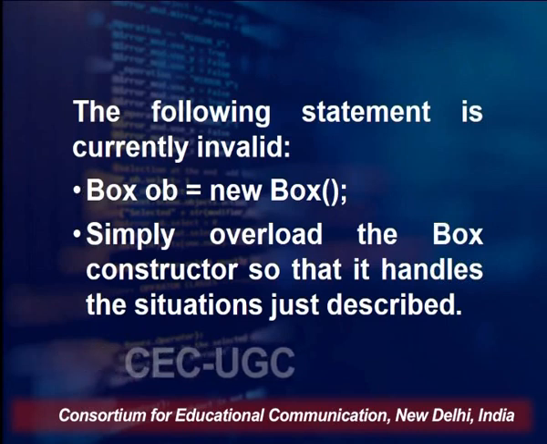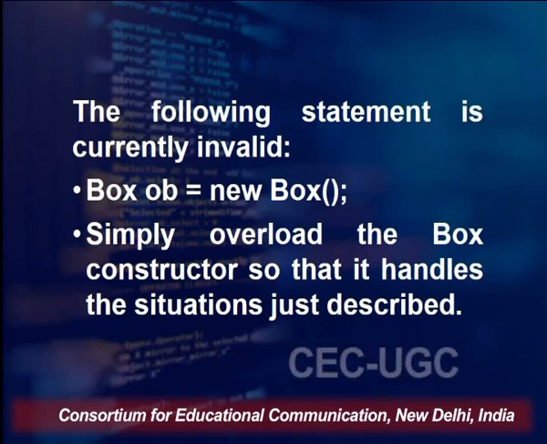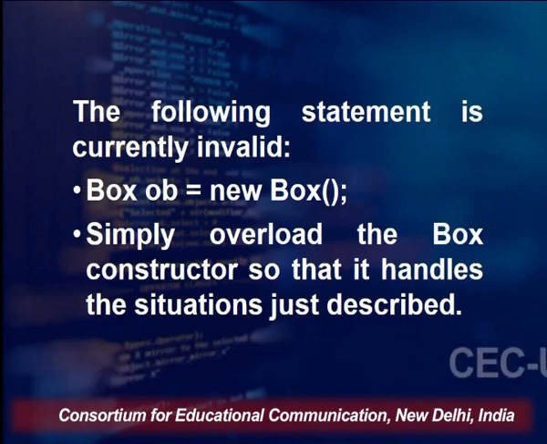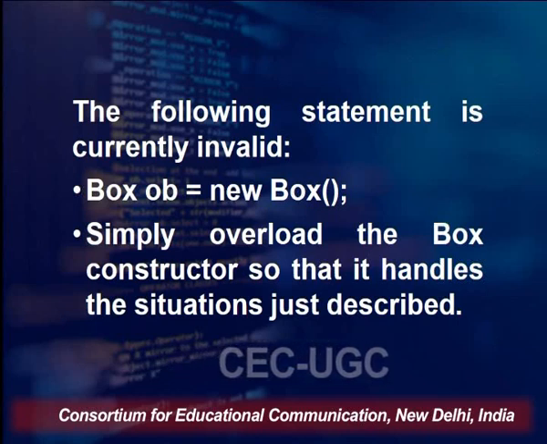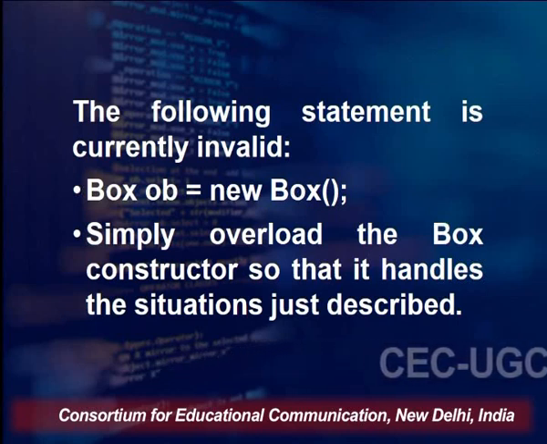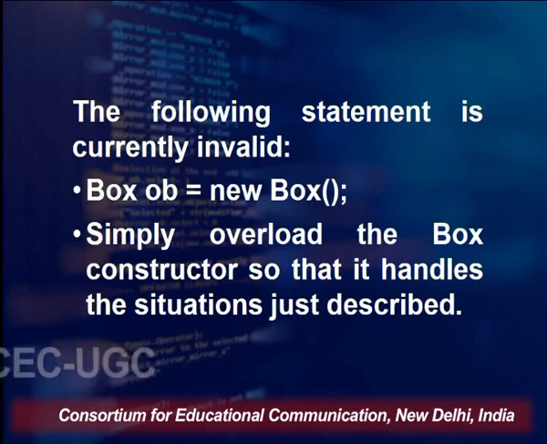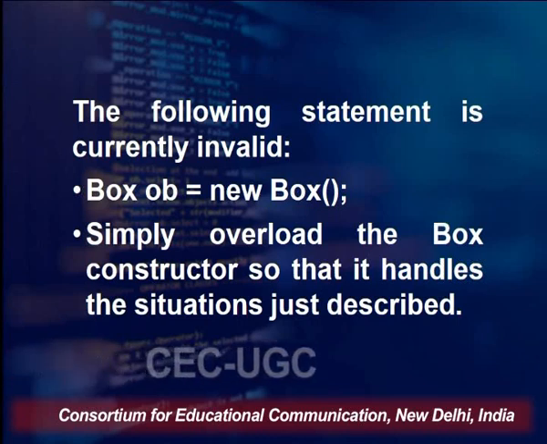Please recall when it was called: when we write class name, instance name equals new class name. For example, in the case of Box, we write Box ob equals new Box(); you are all aware that on the right hand side, when I say new Box, that is actually calling a constructor.